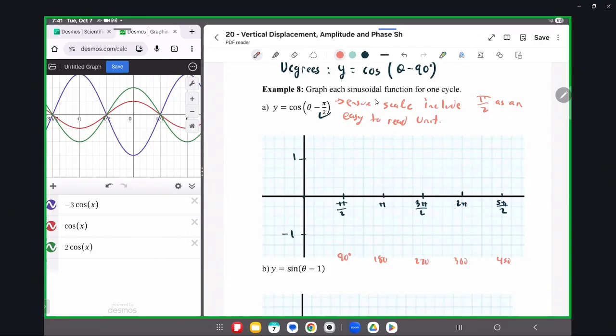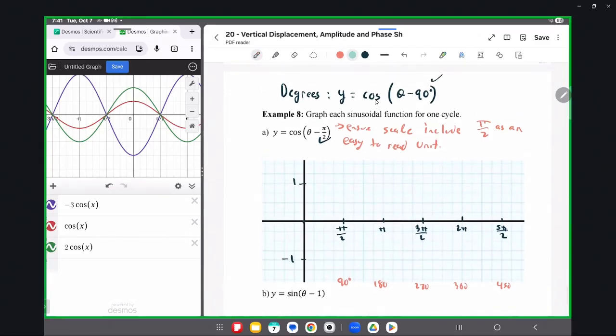Okay, so let's graph the base graph. The base graph is going to be y equals cosine theta. That's going to be a max, a 0, a min, a 0, and a max. So we can graph like so. This is going to be y equals cosine of theta.